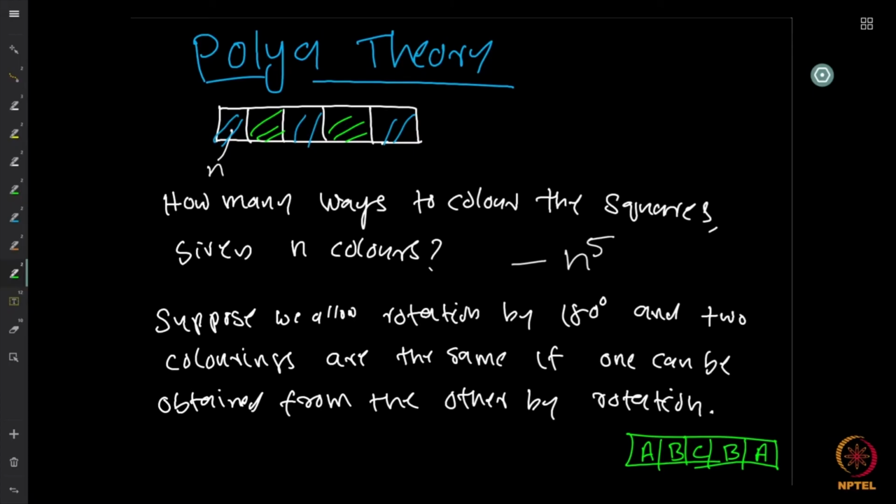So I want to make sure that I don't overlook these kinds of colorings. So I observe that the only colorings which remain the same under the reflection, or rotation by 180, are precisely the colorings where some three colors are used in the first three boxes, and then the color of the second cell is used on the fourth, and the color of the first cell is used on the fifth.